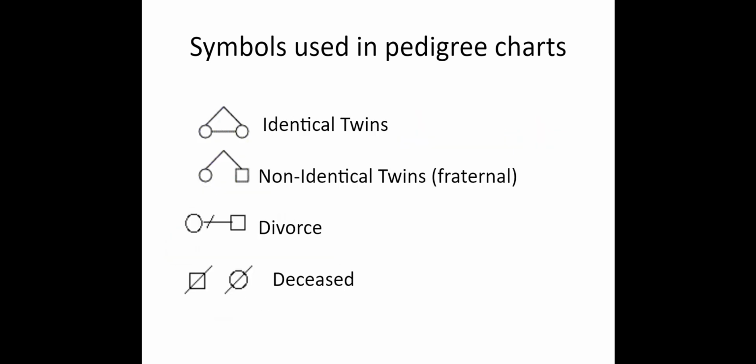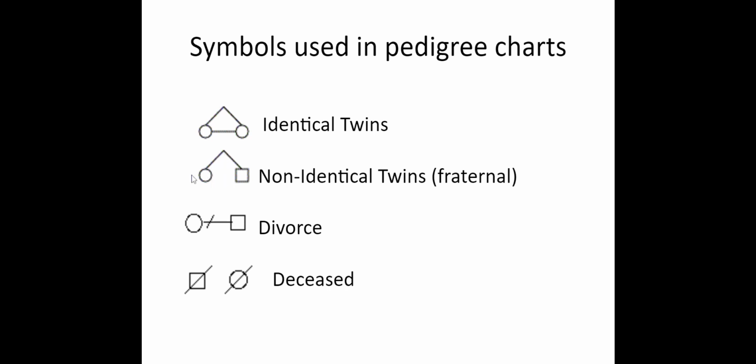Some other symbols you might see. There are twins. If there are twins, it'll have the circles or squares to show what gender they are, and it will also have a line going across to tell us that they're identical. Both sets of twins come down from the parents connected, because they were born at the same time, roughly.